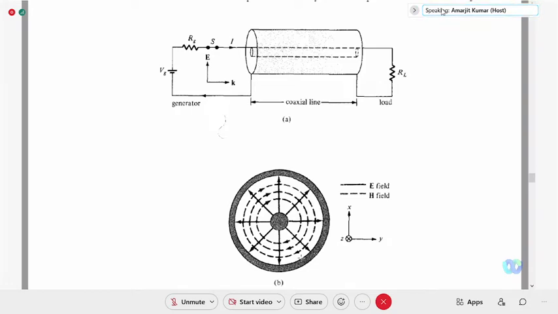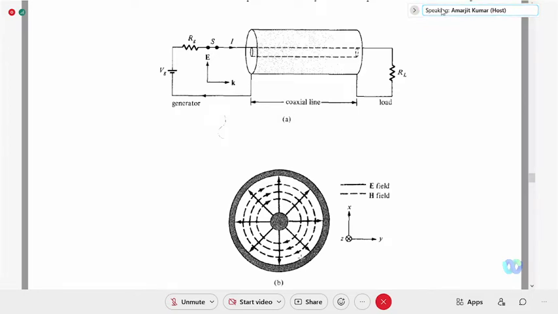When we close the switch, a disturbance is created in the form of a transverse electromagnetic wave, and because of that, electromagnetic energy is transmitted through the transmission line. So can we express voltage and current in terms of the electric and magnetic field of the TEM wave?